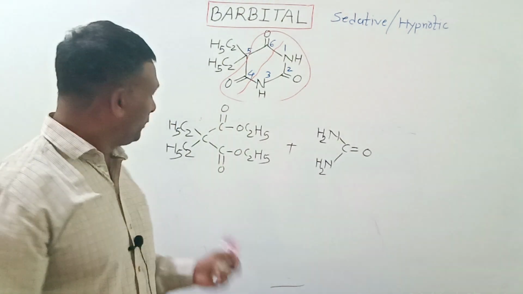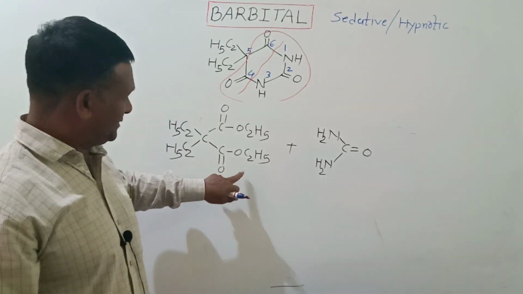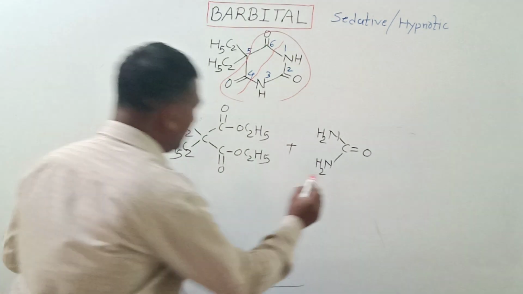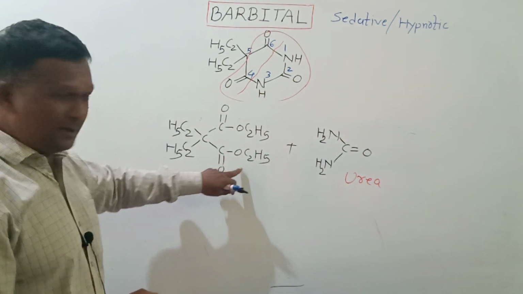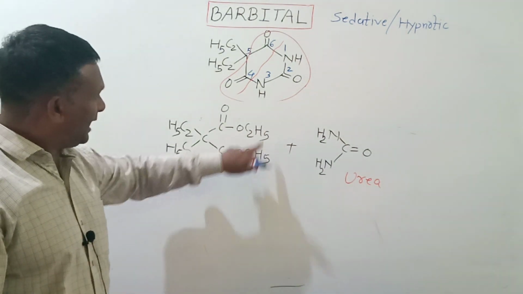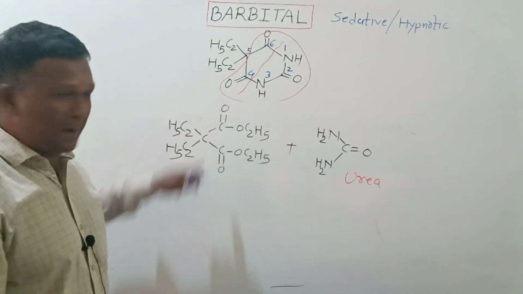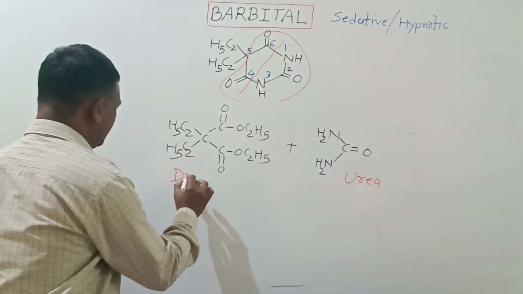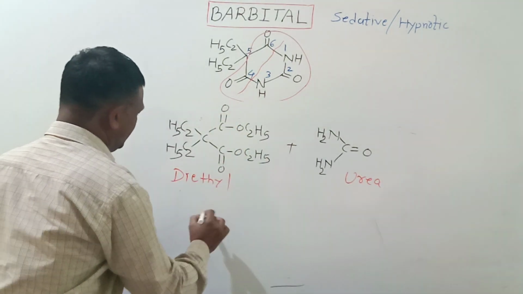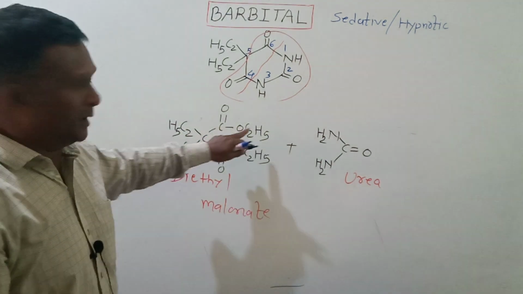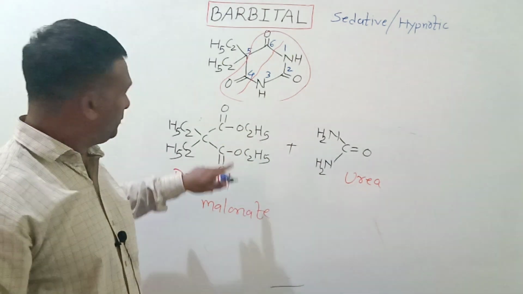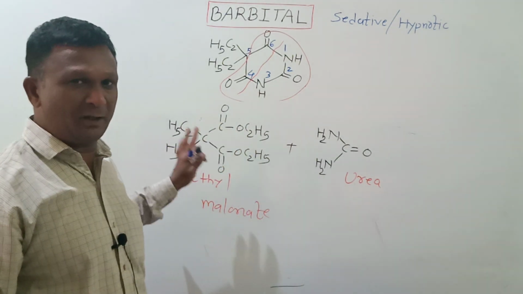So what we get? We get these two starting materials. This is called urea, and this is called diethyl malonate. This is the diethyl ester of this dicarboxylic acid, which is called malonic acid.